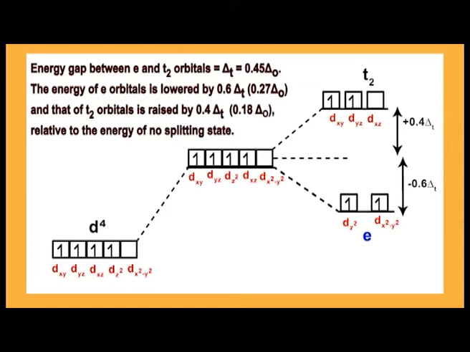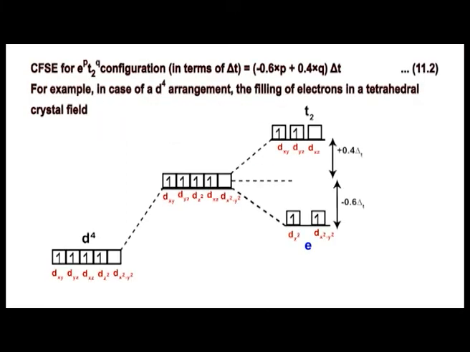Now, let us consider a d^x ion containing an E^p T2^q configuration, in which p is the number of electrons present in the E set and q is the number of electrons present in the T2 set, and x is equal to p plus q.